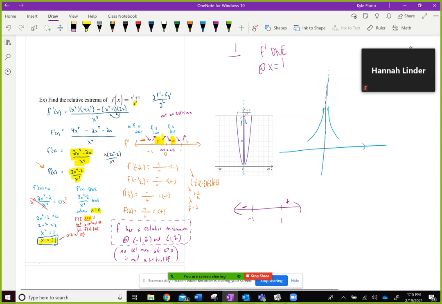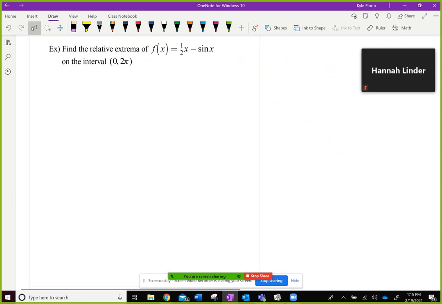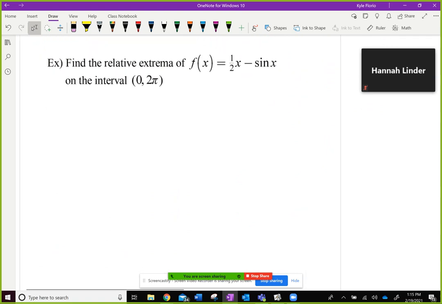Okay, all right, last example, and then I'll let you guys work on some problems. Find the relative extrema of this function. Take a second to copy down the function, and we'll do it together.